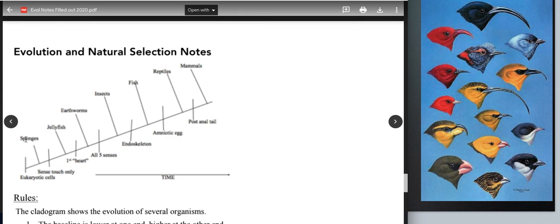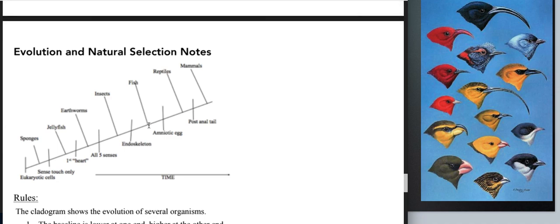So sponges have eukaryotic cells, but sponges cannot sense touch. Sponges do not have a heart. In fact, sponges have none of the 5 senses. So because all of these traits evolved, this point in time is when sponges evolved. They do not have any trait that is higher than them on the timeline because they evolved before those traits.